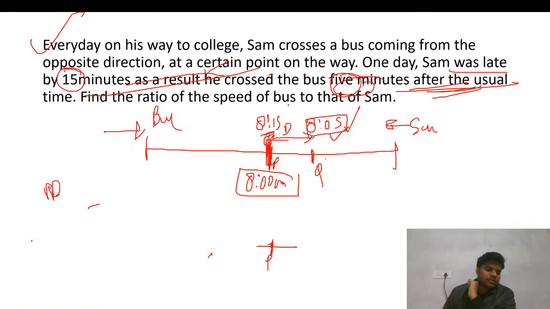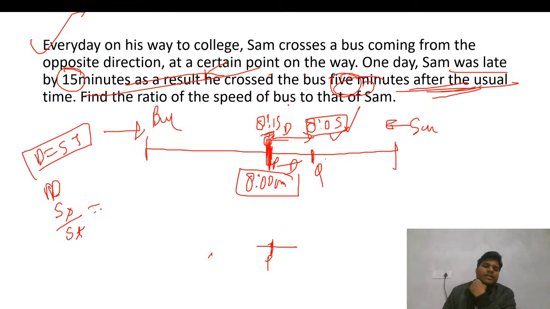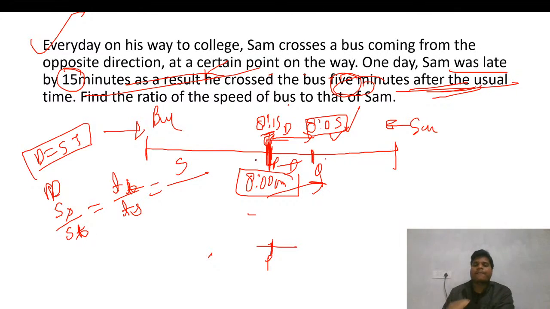Any doubt regarding this? If this is fine, now just see, the distance is constant. So the ratio of speeds will be in the reverse ratio of their times. The bus takes 5 minutes to travel this distance, whereas Sam takes 10 minutes.